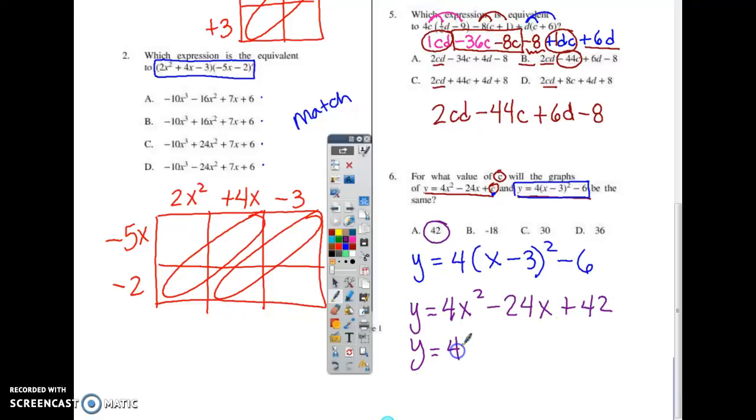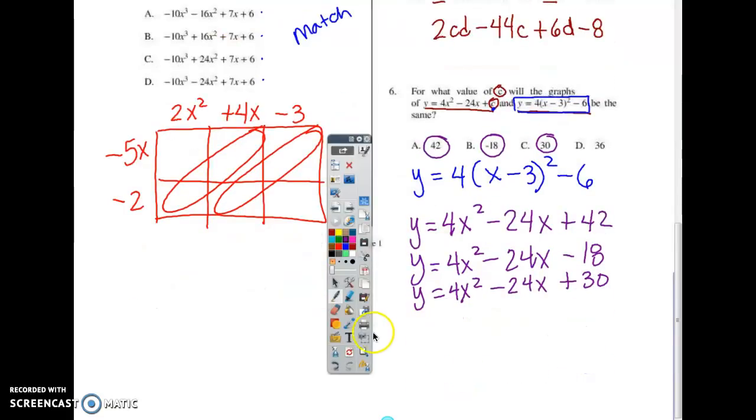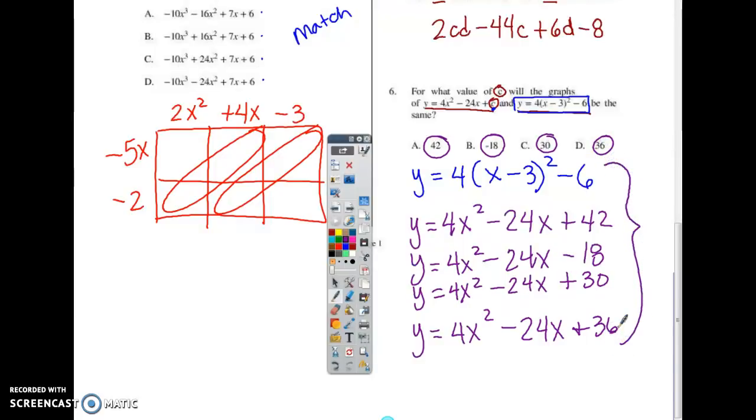Y equals 4x squared minus 24x minus 18. Y equals 4x squared minus 24x plus 30. And y equals 4x squared minus 24x plus 36. And see which one of these matches. That's how you can do it in decimals.